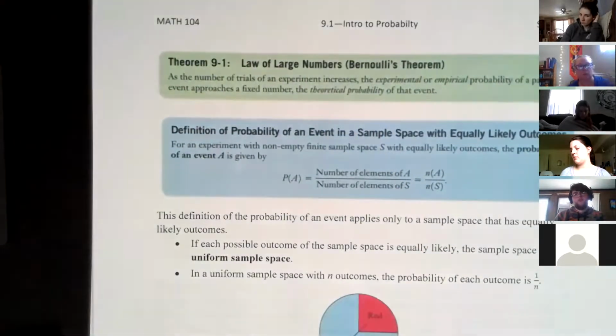So when we talk about sample spaces, and this is going to be something we'll talk about when we get to chapter 10 and talking about statistics, if we look at a survey and it said that everybody loves the color green and thinks the color pink is stupid, we can conclude that everybody says that green is cool, pink is stupid.